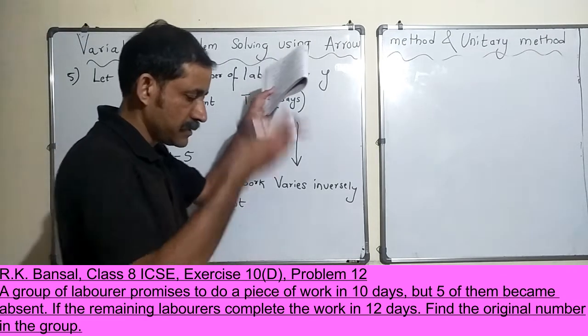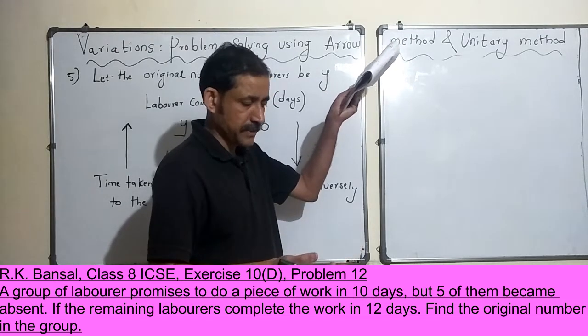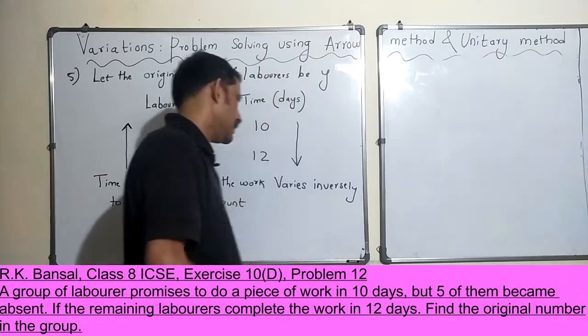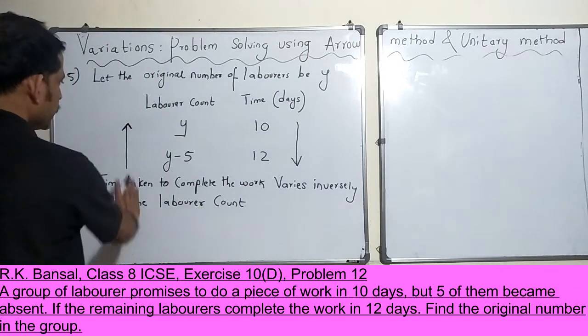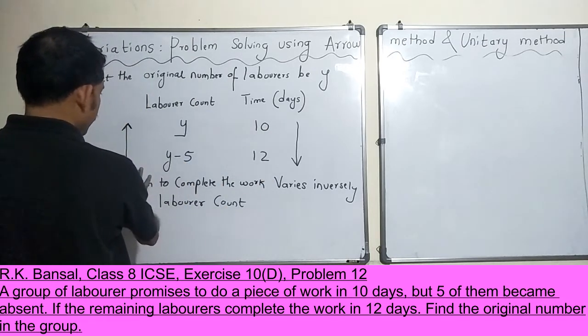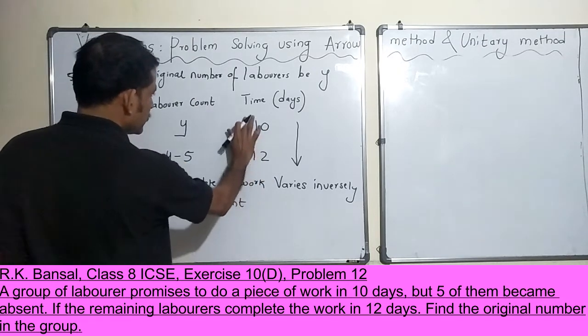So if more laborers, work is done in fewer days. Fewer laborers, work is done in more days, right? So if one increases, the other reduces, right? So as it is increasing in this way, it will decrease in this way, right?